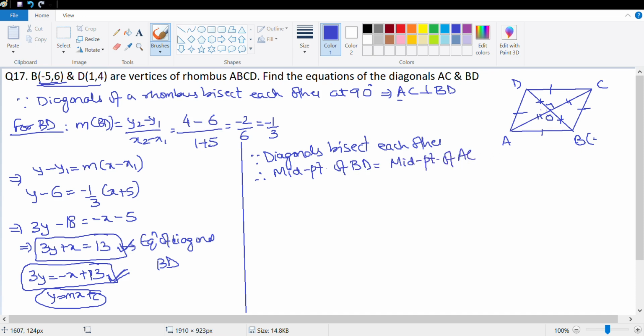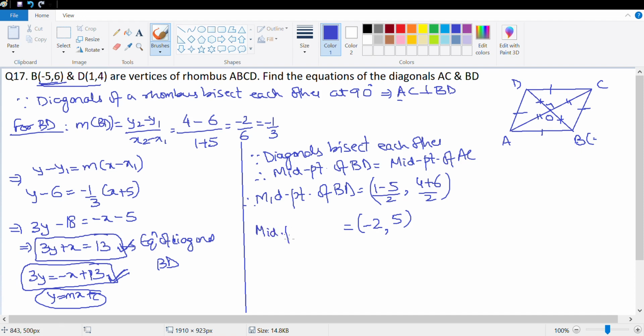So let's find the midpoint of BD, which is basically O. Therefore midpoint of BD will be 1 minus 5 upon 2 comma 4 plus 6 upon 2, which is equal to negative 4 upon 2, that's negative 2, and that's 10 upon 2, which is 5. So the midpoint of BD is negative 2, 5, which is equal to the midpoint of AC.